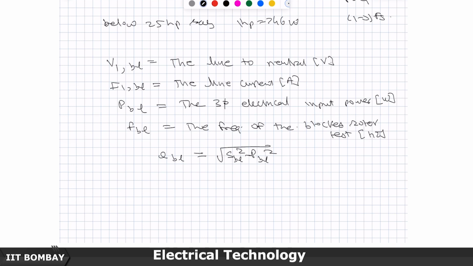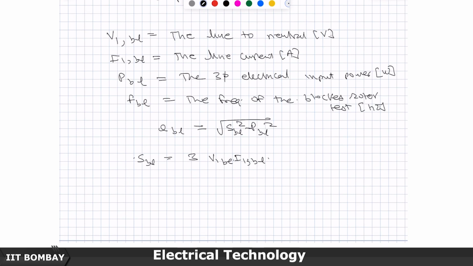Now, this QBL is going to be what? This is 3 times V1BL times I1BL, I am sorry, not QBL, SBL. This SBL, the apparent power S, is 3 times of this.